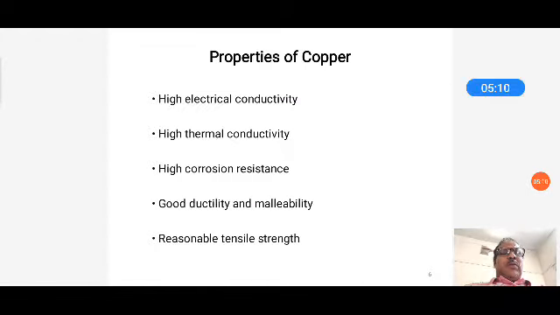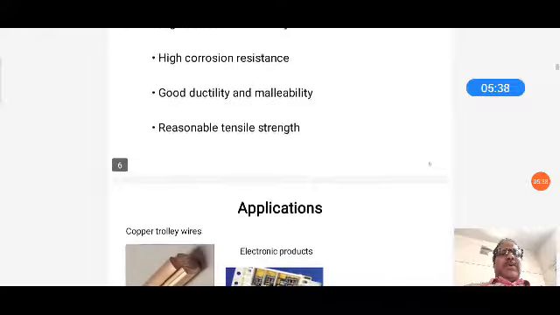The main reason copper is popular is that it shows different properties: high electrical conductivity, high thermal conductivity, high corrosion resistance, good ductility and malleability, and reasonable tensile strength is obtainable in pure copper.